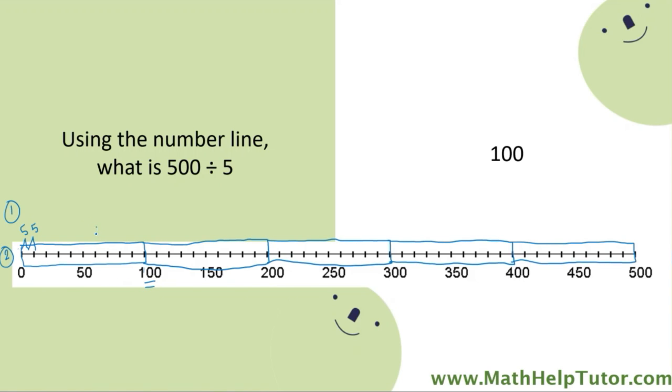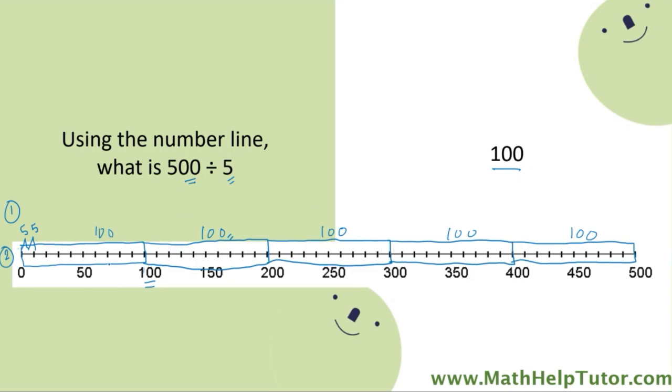So we have 100 in this section, 100 in this section, another 100 in this section, another 100 in this section, and another 100 in this section. So the number 500, when divided into 5 equal sections, each section is 100 numbers long. And that is the answer to 500 divided by 5.